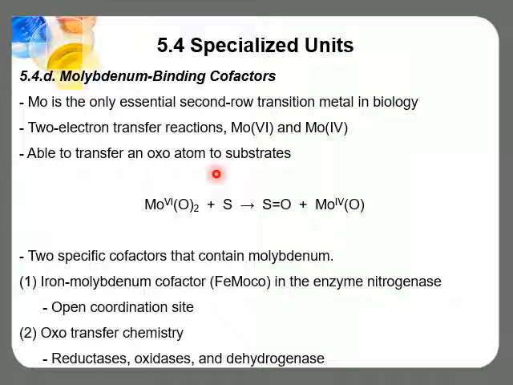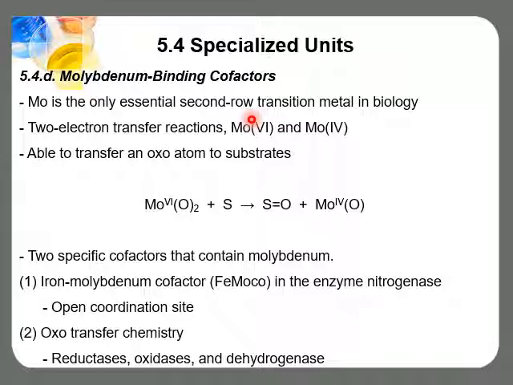Okay, another specialized unit is the molybdenum binding cofactor. Throughout this chapter, we have seen the example of the iron-sulfur cluster as an electron transfer unit, but the redox ability of iron lies only in iron 2+ and iron 3+.